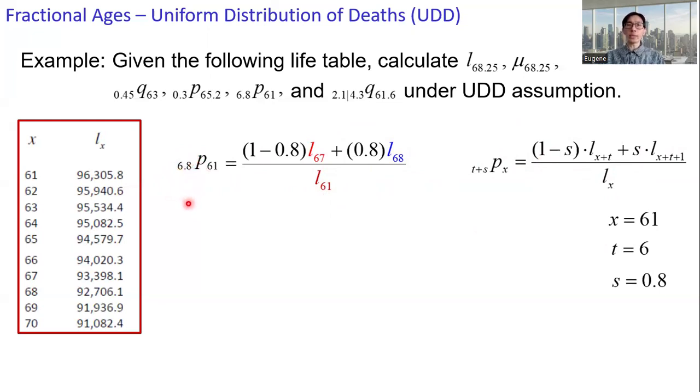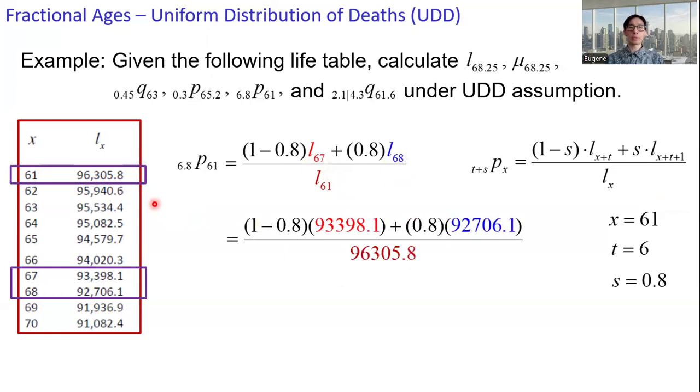So the numerator, we have the interpolation formula, 1 minus 0.8 times L67 plus 0.8 times L68. We can get L61, L67, and L68 from the table, and the rest are straightforward. So we get the answer, 6.8 p61 is 0.9641.